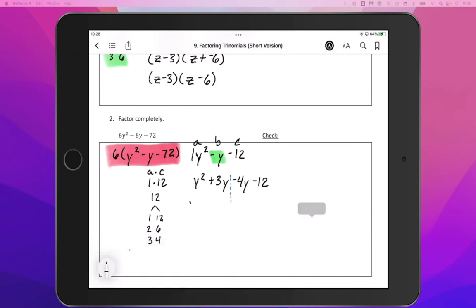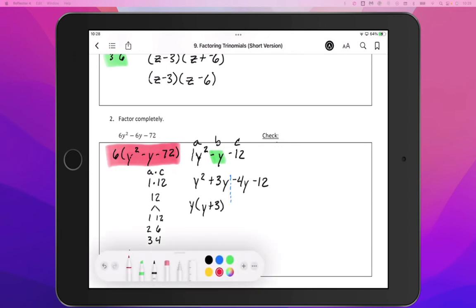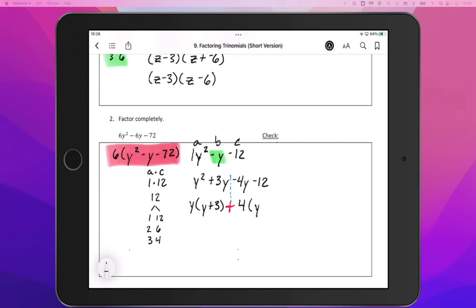And on the left, I could factor out a y. Now I would be left with y plus 3. This is always a plus sign. On the right, I could factor out a 4. And I would be left with negative y minus 3.